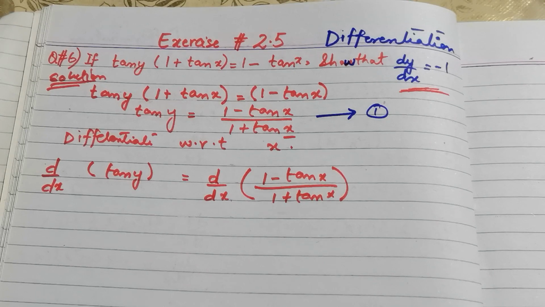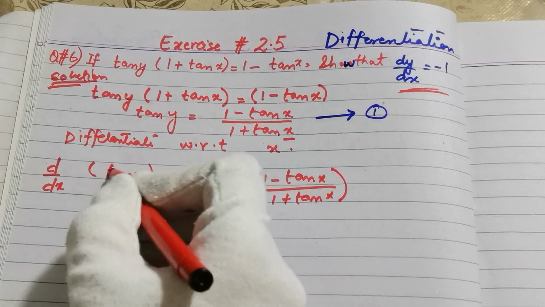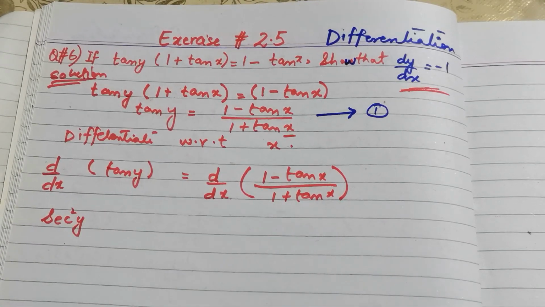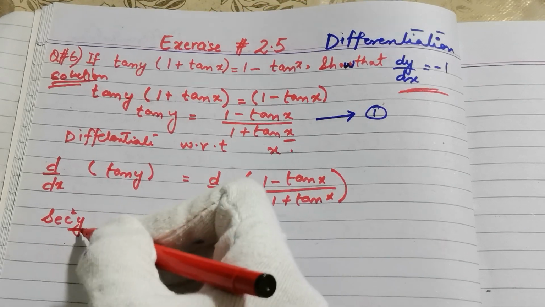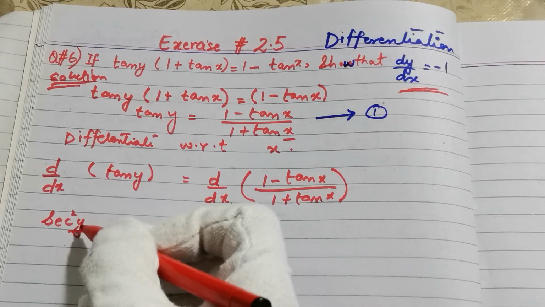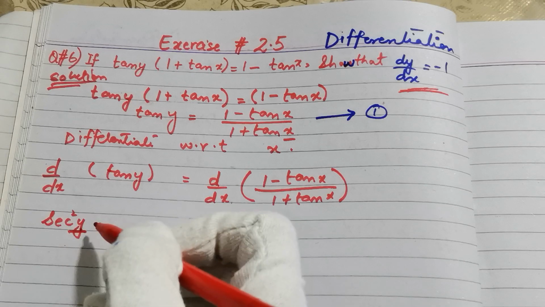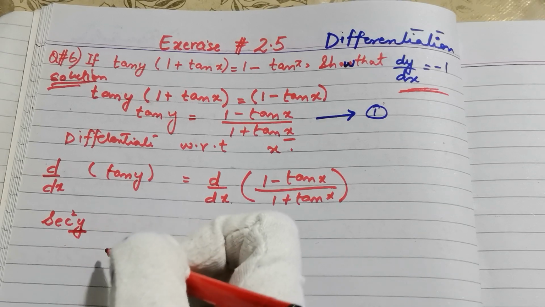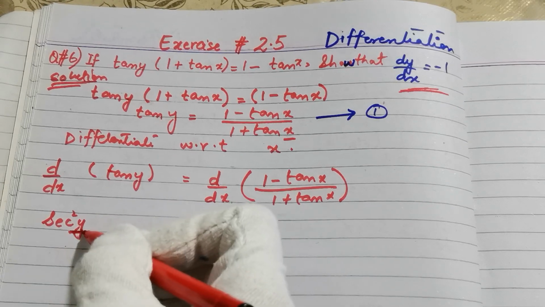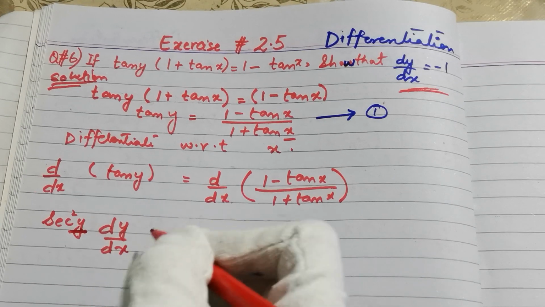So the derivative of tan y is secant square y, and this is y, not x, and we are differentiating with respect to x. If this were x, then there is no need to write dx by dx because the derivative of x with respect to x is 1. But we can see that this is y, so we will write dy by dx.